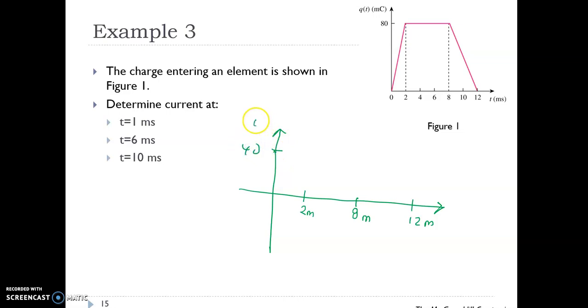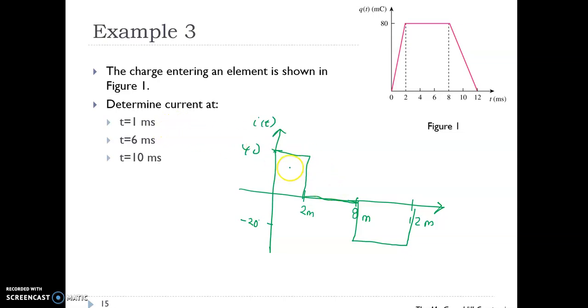This is current I of t. Okay, from 0 until 2m, it is equals to 40. And from 2 until 8, it is equals to 0. And from 8 until 12, it is equals to minus 20. So this is how your current graph looks like.